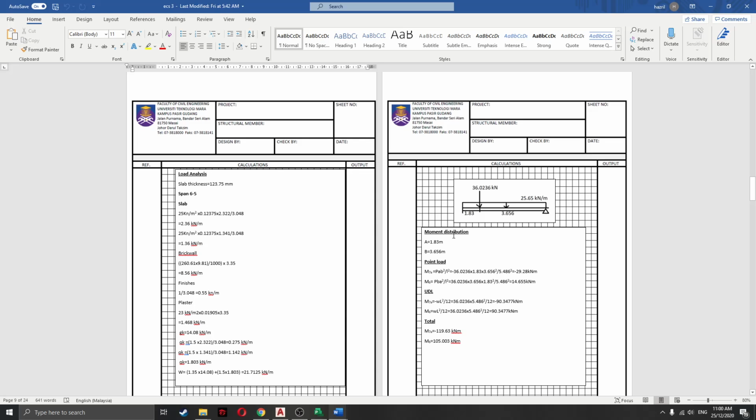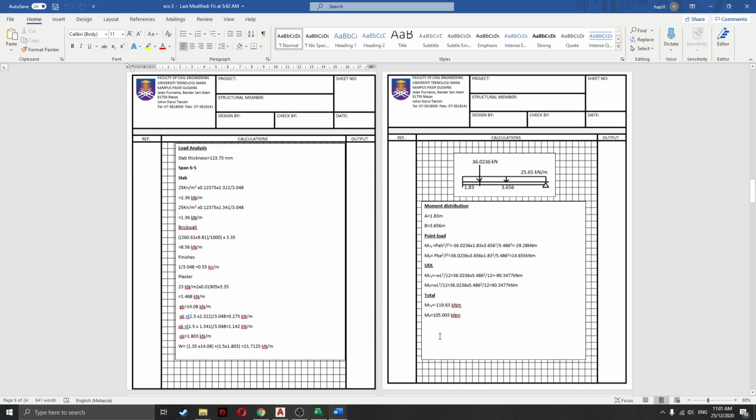Then moment distribution for 7A to 6, A is 1.3 meter, B is 3.656 meter. Then I find the point load 29.28, 14.655 UDL, I get plus minus 90.2477.